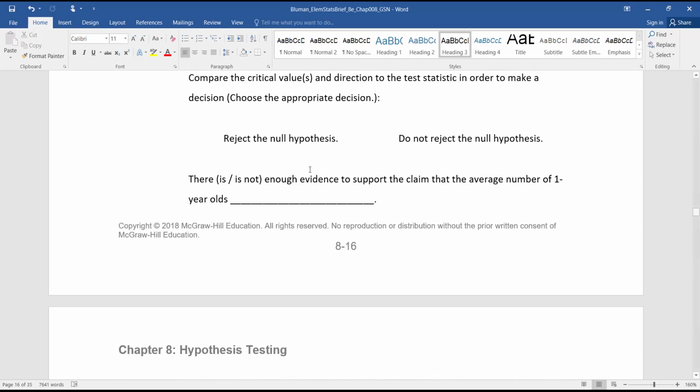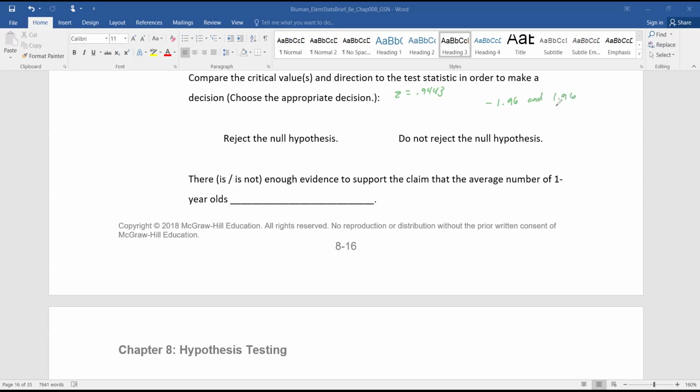So again, we got a z-score of 0.9443, and our happy range, or our critical range, was between negative 1.96. Hold on. What did I write down? Yep, 1.96. So between negative 1.96 and 1.96.